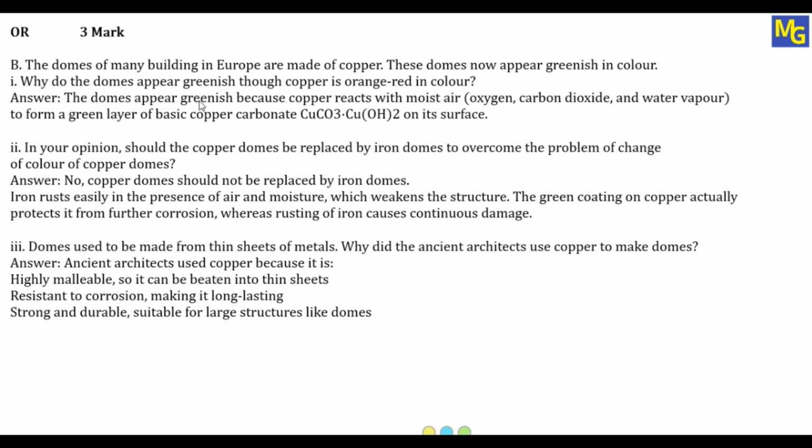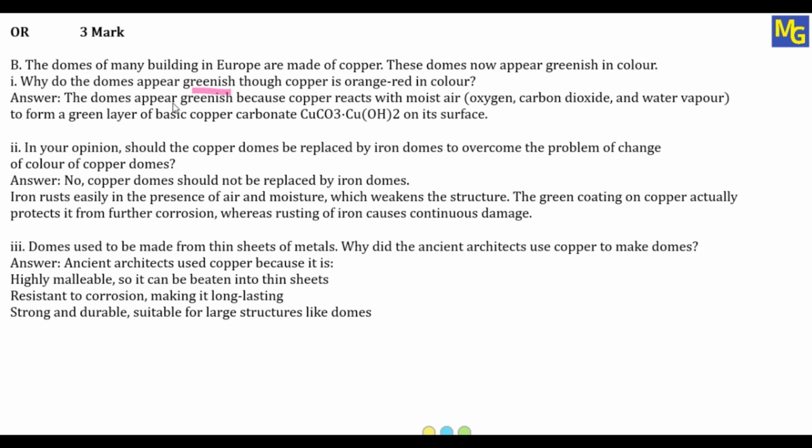So these domes appear greenish because copper reacts with moist air, which consists of oxygen, carbon dioxide and water vapors, to form a green layer of basic copper carbonate. CuCO3 is nothing but copper carbonate, and its color is green. That is, copper is undergoing corrosion to form copper carbonate, and because of this you can see the domes greenish in color.